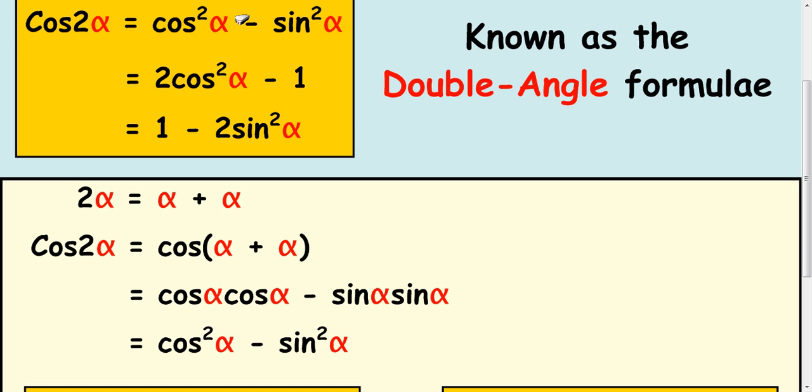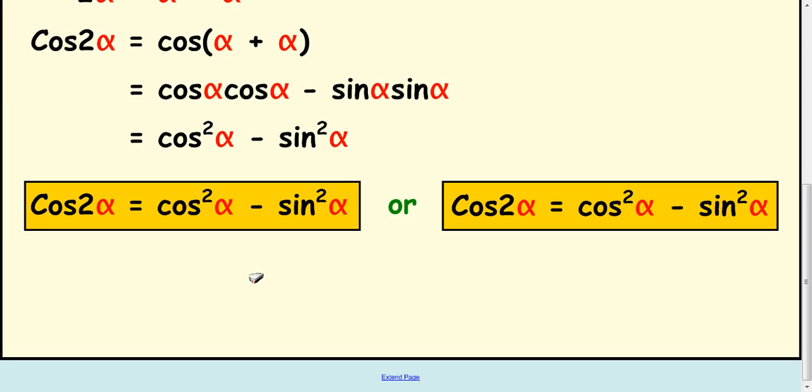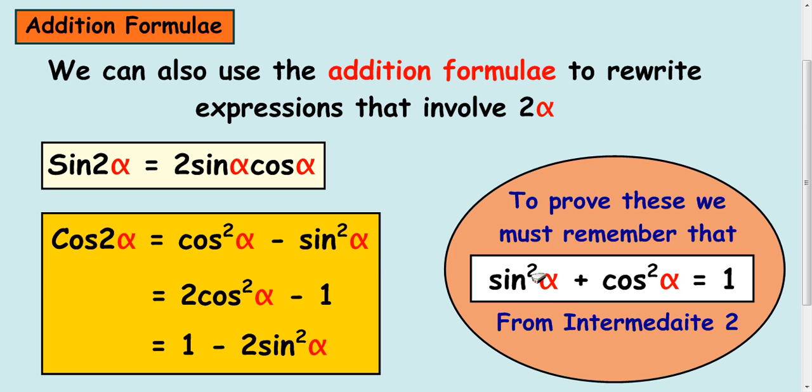Now we're going to use that to get the other 2 expansions. So there's 2 ways to go with it. And the way to do this is to remember this idea here that sine squared alpha plus cos squared alpha equals 1. Rearranging that, we can see that cos squared alpha is equal to 1 minus sine squared, and sine squared is equal to 1 minus cos squared alpha.